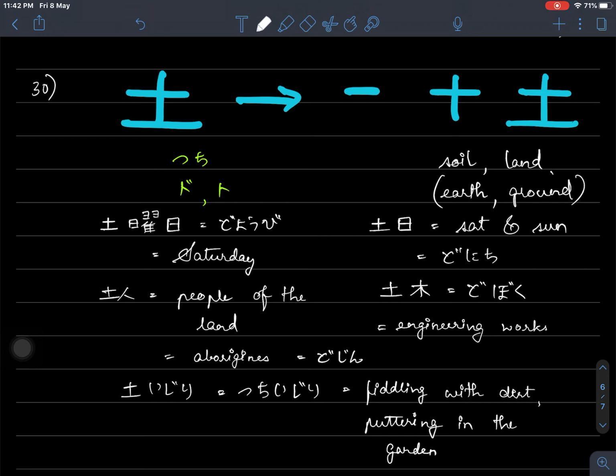Anyway, this ijiri is actually a kanji in itself. This is ijiru, basically meaning to tamper with, that's one of the meanings of that word. So tsuchi ijiri is where you're tampering with the soil, or basically fiddling with the dirt. It's a pretty obvious kind of meaning.